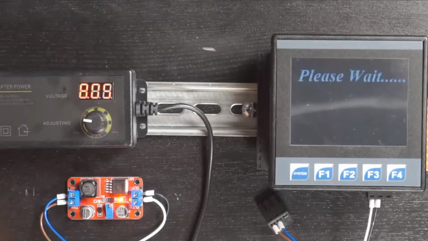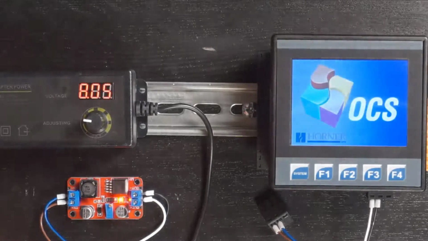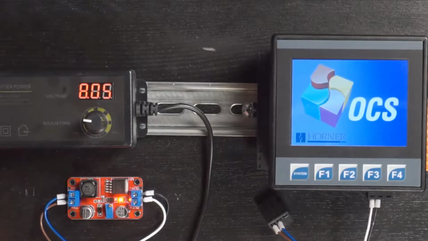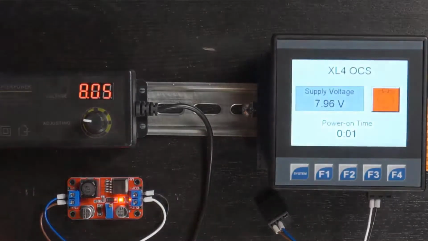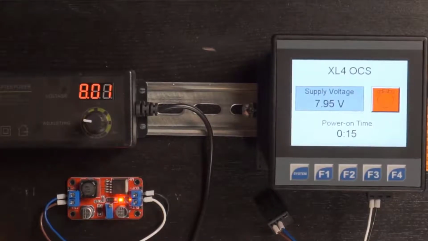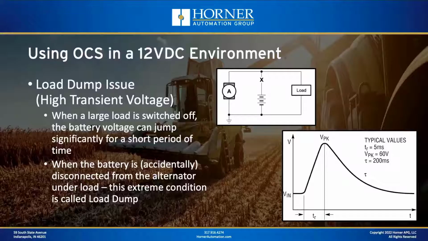So you can get down to about 5 volts comfortably using a boost regulator like the one I've shown here, in order to solve at least a majority or a significant percentage of your cranking issues with an engine. Let's head back to our material and let's continue on.